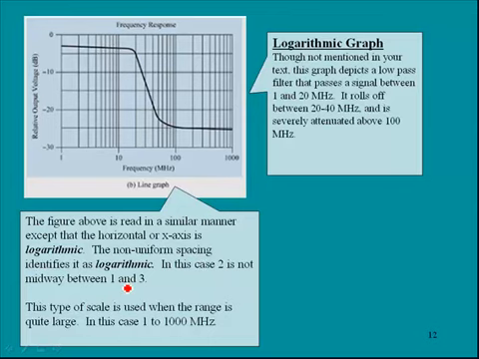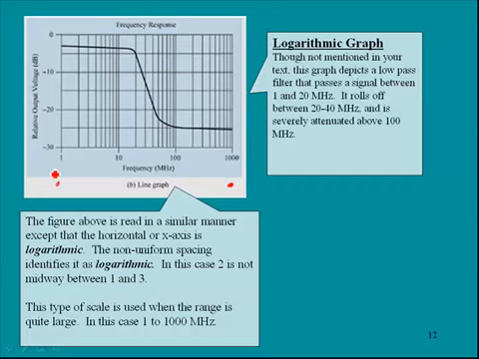If you look at this graph, there are some interesting things about it. It is used to depict a very wide range of frequencies. In this case, it goes from 1 all the way up to 1,000, and this is in megahertz. So from 1 megahertz to 1,000 megahertz. So it's graphing a very wide field of data.